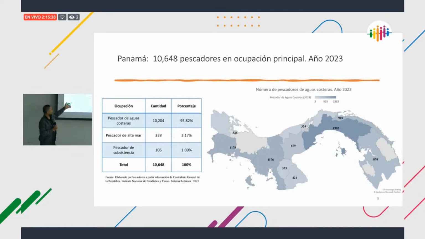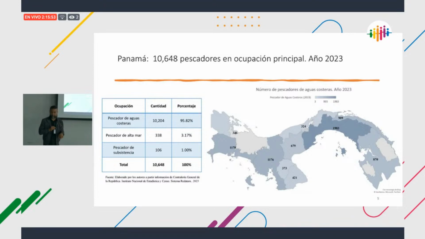This is from 2023. 95% of these are coastal area fishers. So we are closing our gap here. Then the fishers, we would think that we have a lot of fishers out there in longer range oceanic areas.